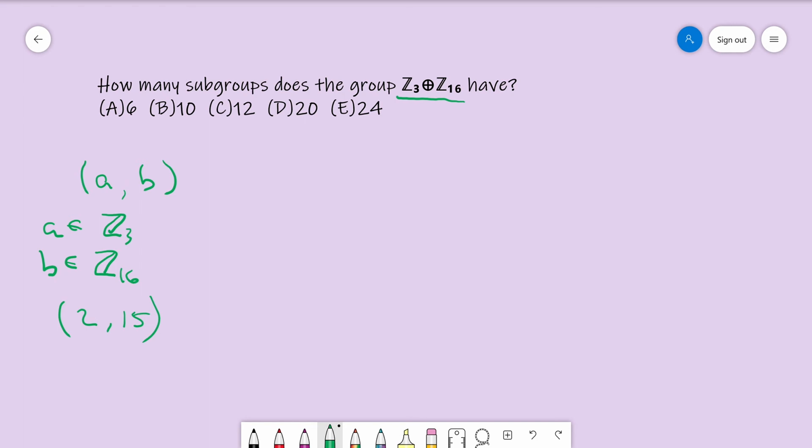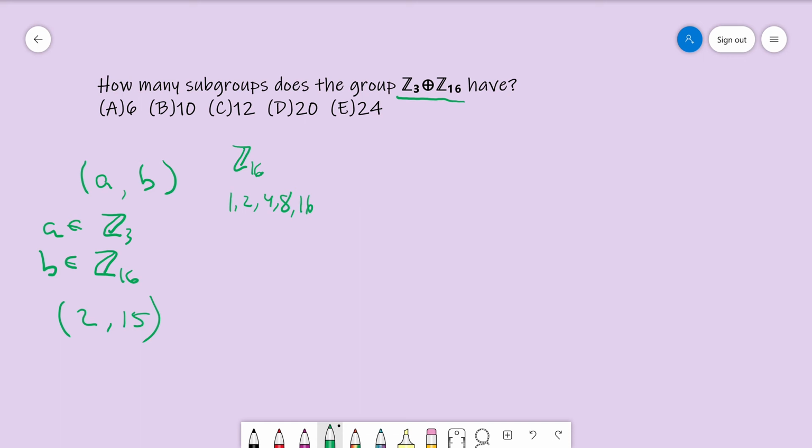And you also have to remember that an abelian group must have a subgroup for each number that divides the order of the group. What does that mean? If I have an abelian group like Z16, then I need to have subgroups of orders 1, 2, 4, 8, and 16.